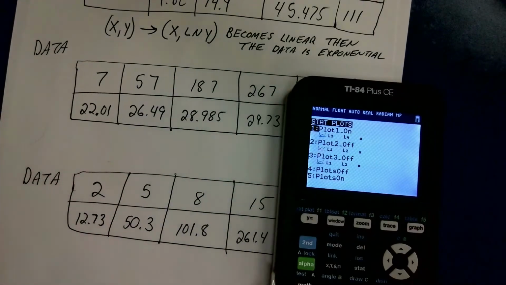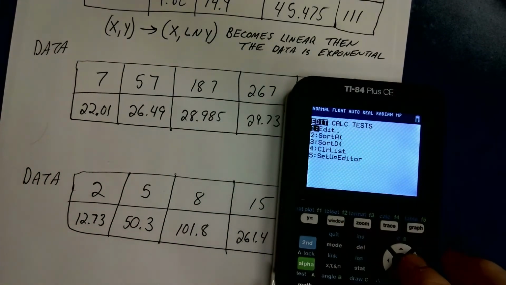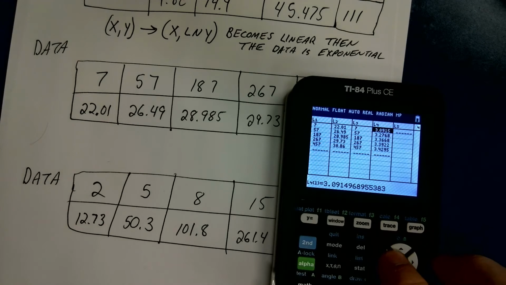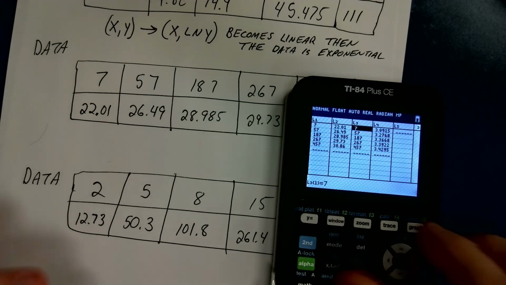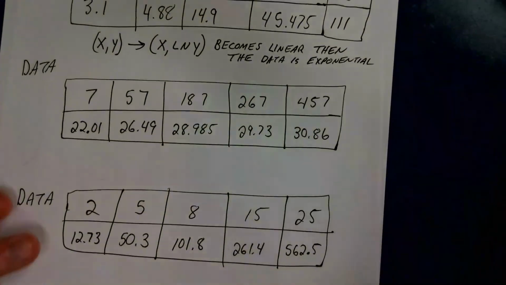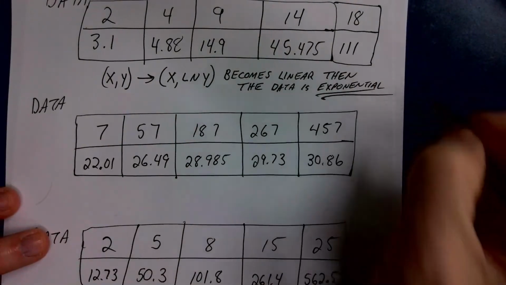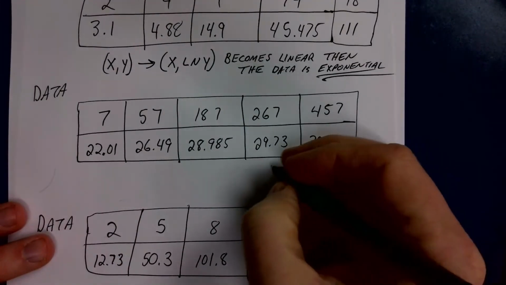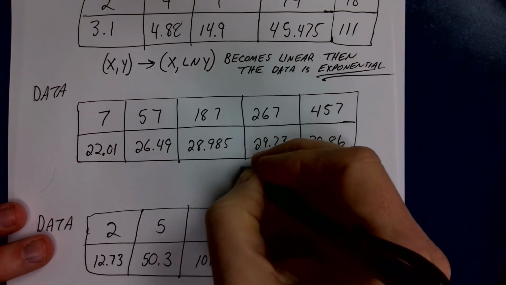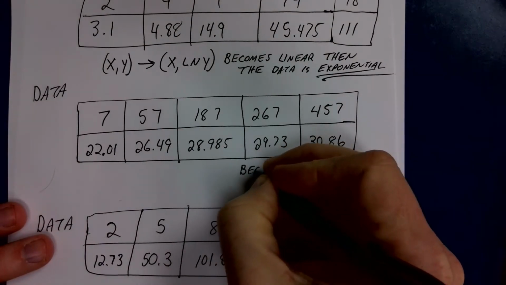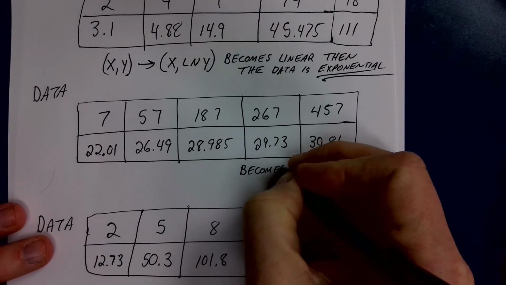So how does this one work? So stat edit, we're actually going to do this, okay? So to check to see if it's a logarithm, remember this one was exponential. To check to see, it's going to be a linear thing again, so it becomes linear.